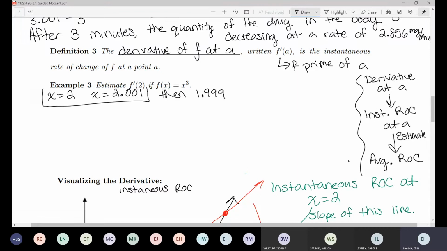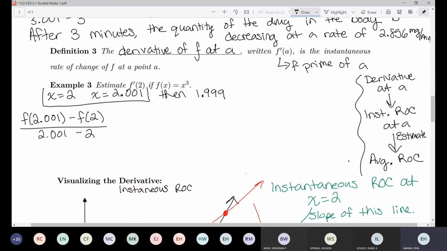So say I want to find the instantaneous rate of change at 2. So I'm going to estimate it using the average rate of change between 2 and 2.001. So we're going to have f of 2.001 minus f of 2 all over 2.001 minus 2.